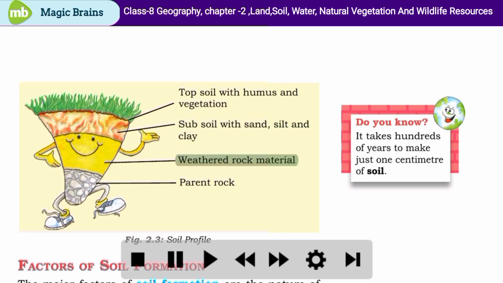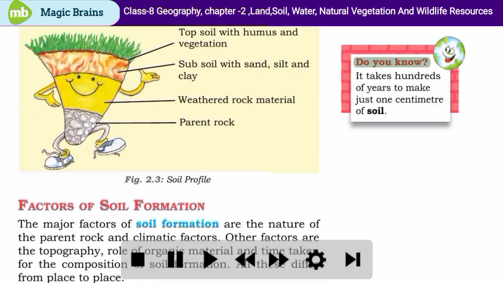Third layer of soil is subsoil with sand, silt and clay. And the fourth layer is the topsoil with humus and vegetation. At the right side, there is a red box which reads, "Do you know? It takes hundreds of years to make just 1 centimeter of soil."